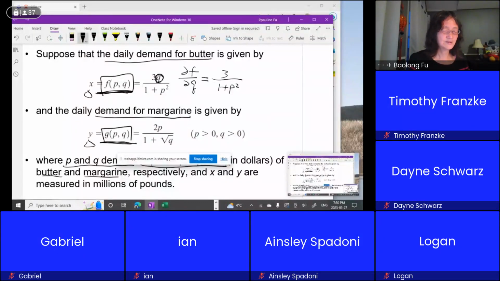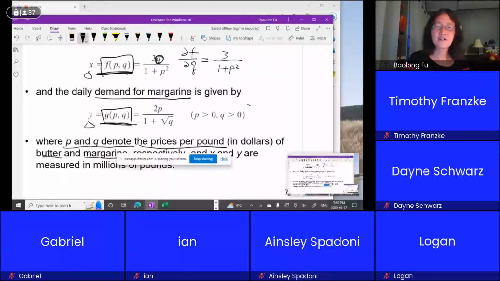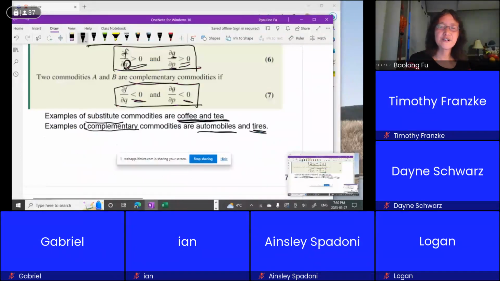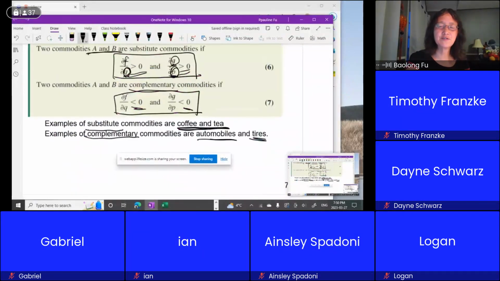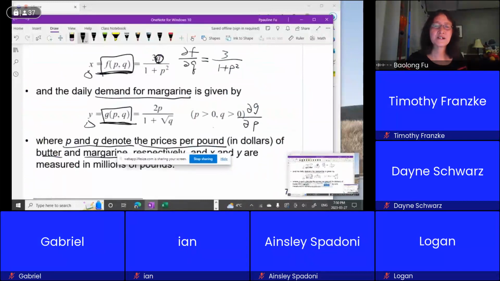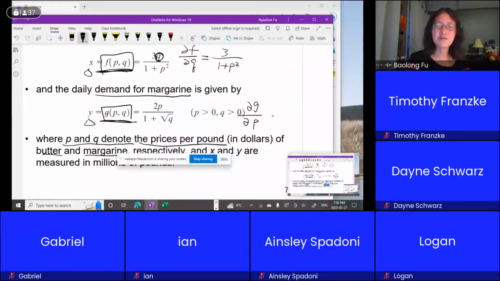Okay. And next for G, you take derivative for p. Here, for g, take partial derivative for p. When you take derivative for p, just take derivative for p. Q is a constant. So just get 2 over 1.